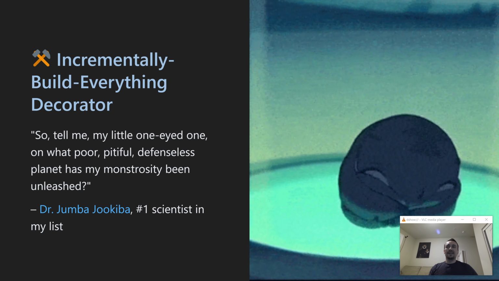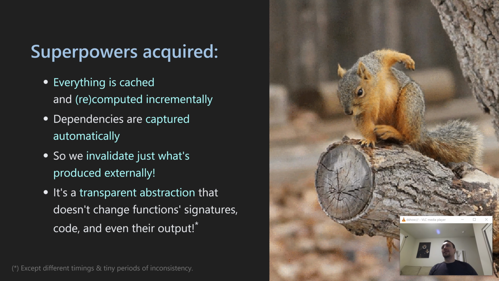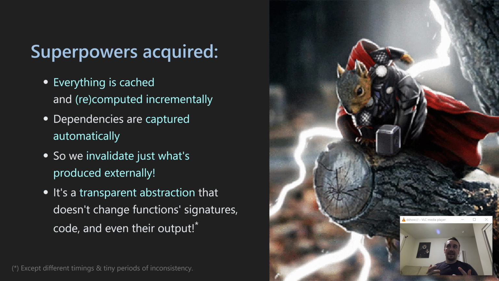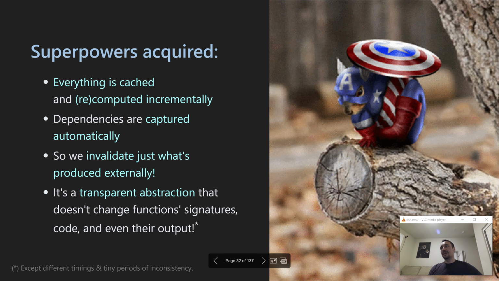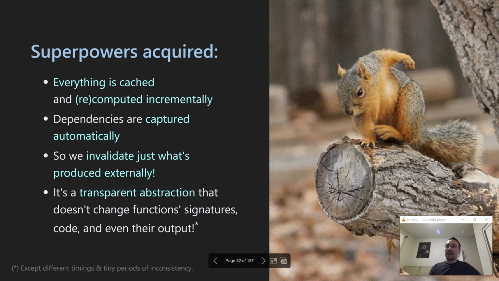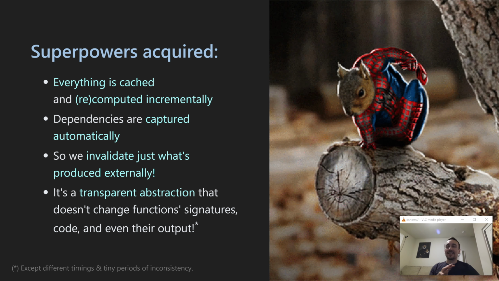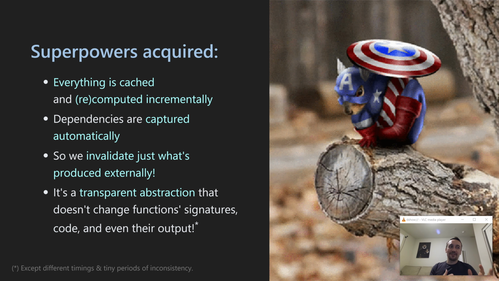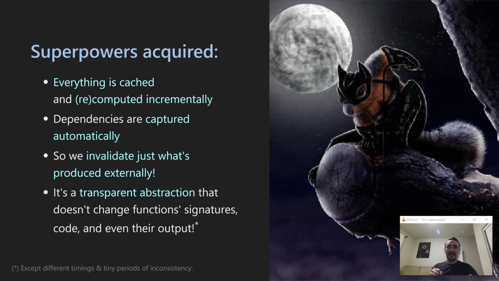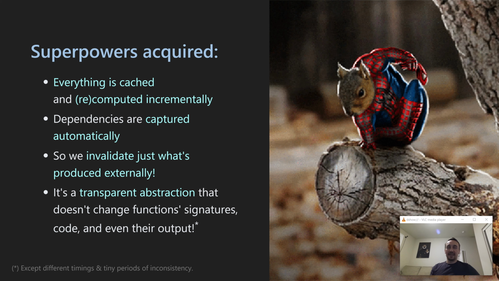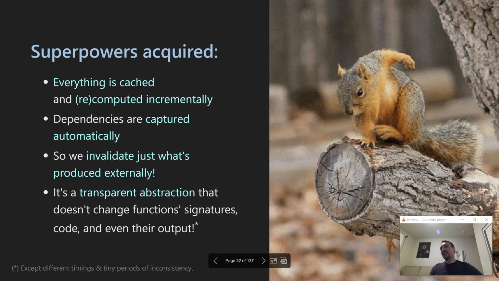And now let's think of why this thing is actually quite useful. First, notice that every function decorated by this decorator has its results cached. Dependencies are captured automatically. So if you use functions that already return such decorated results, then technically you don't have to do anything to invalidate its result, assuming that whatever it calls has its results properly invalidated.